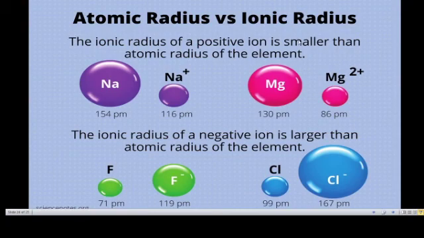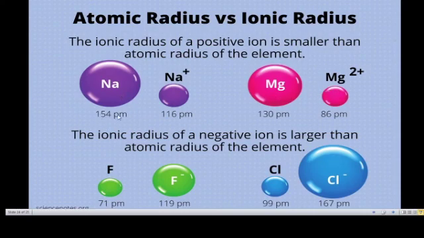Atomic radius versus ionic radius. The ionic radius of a positive ion is smaller than the atomic radius of the element. See the size: sodium ion, sodium atom; magnesium ion, magnesium atom.